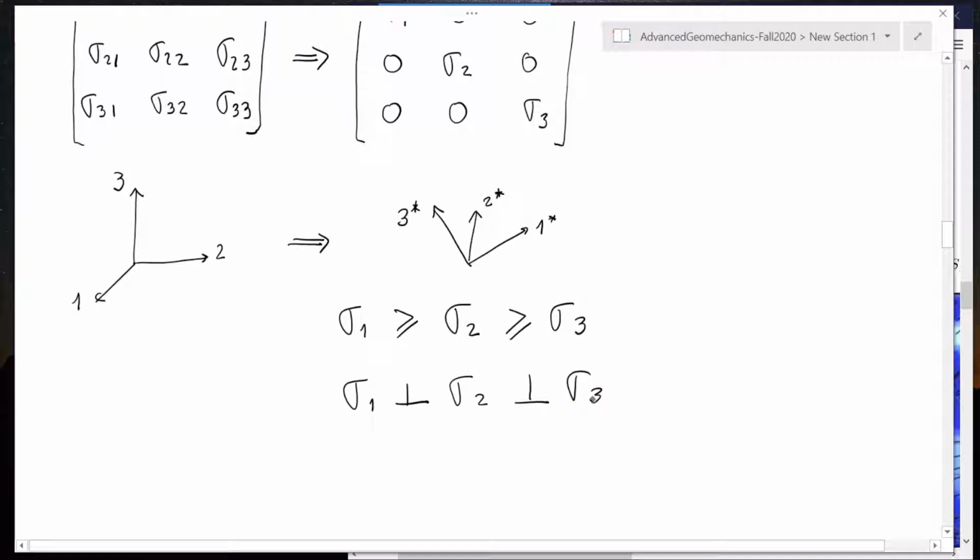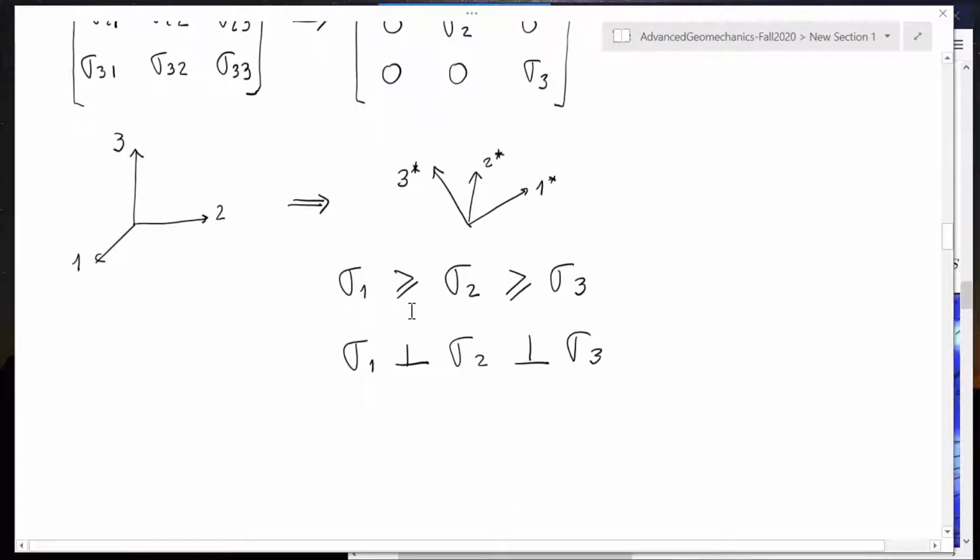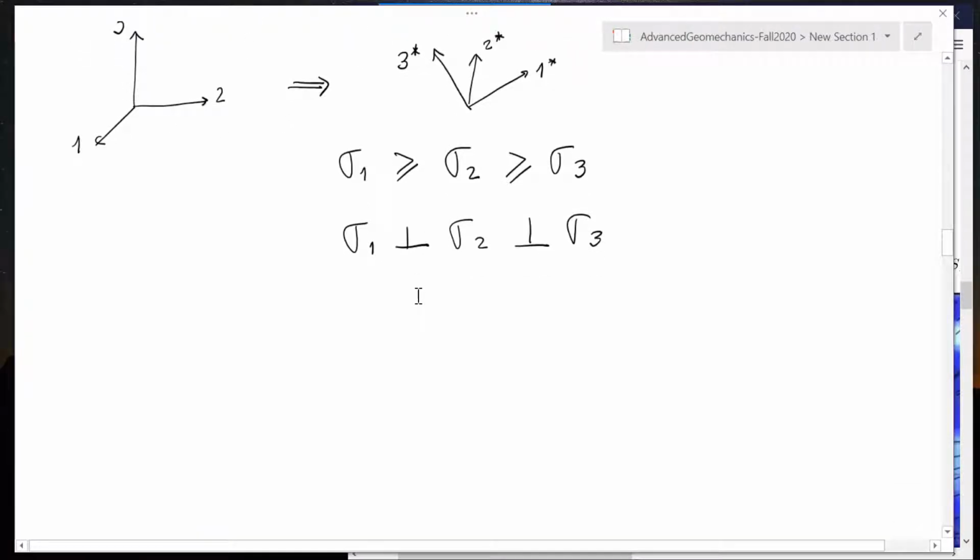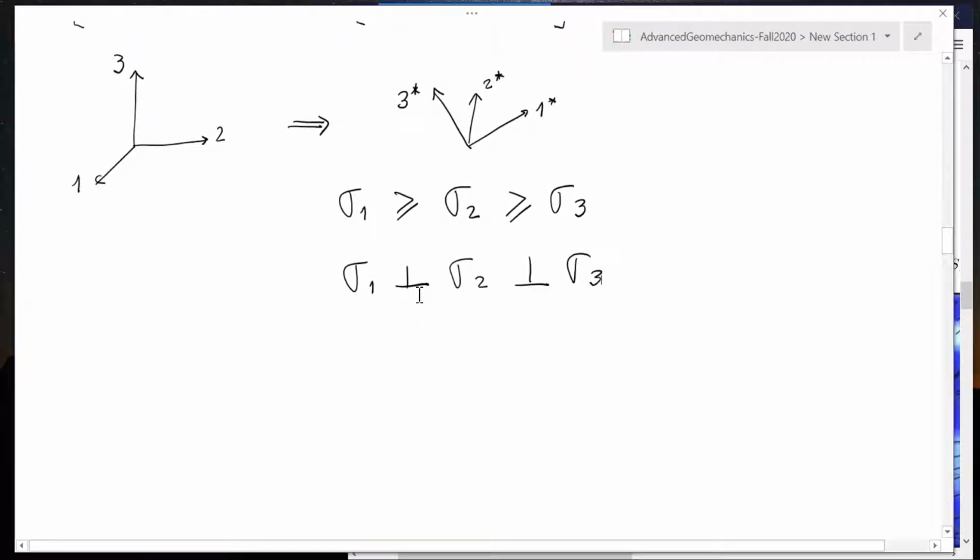Okay, so now let's go to a particular case out of a principal stress tensor. And in this case, what I'm going to assume is that sigma v is a principal stress.